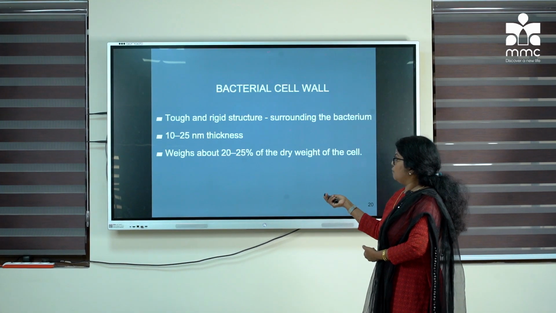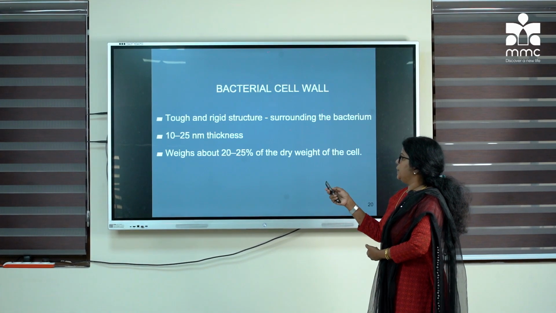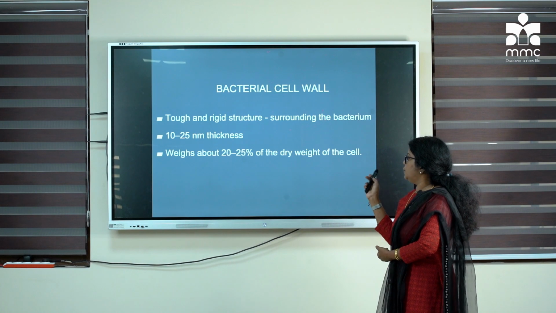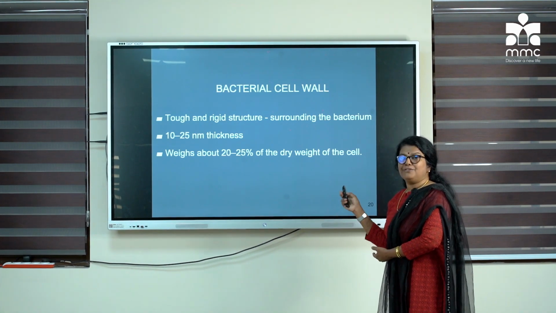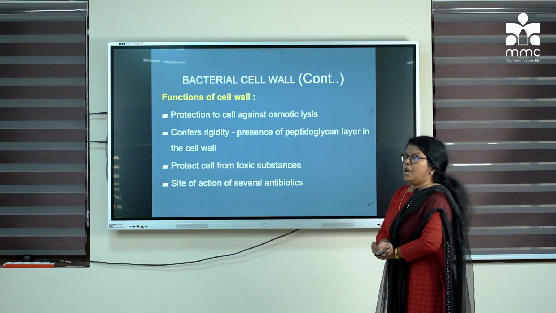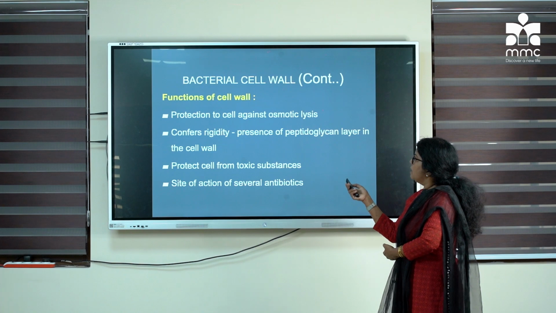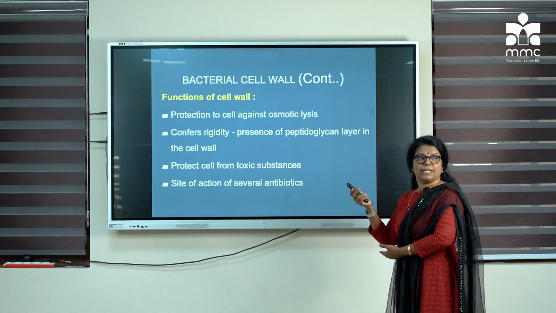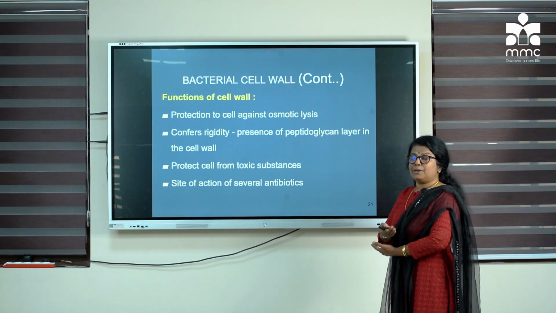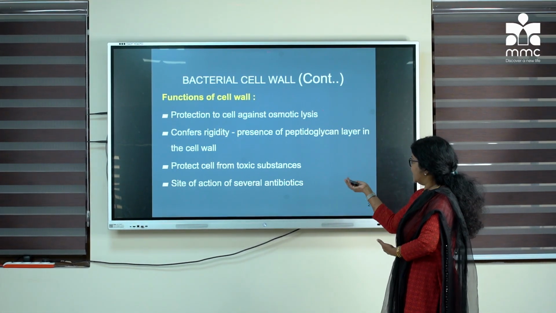Bacterial cell wall is a tough, thick layer of 10 to 25 nanometer thickness, and it weighs about 20 to 25% of the dry weight of the bacterial cell. What are the functions of the bacterial cell wall? It gives protection to the bacterial cell from external environmental conditions like osmotic lysis.